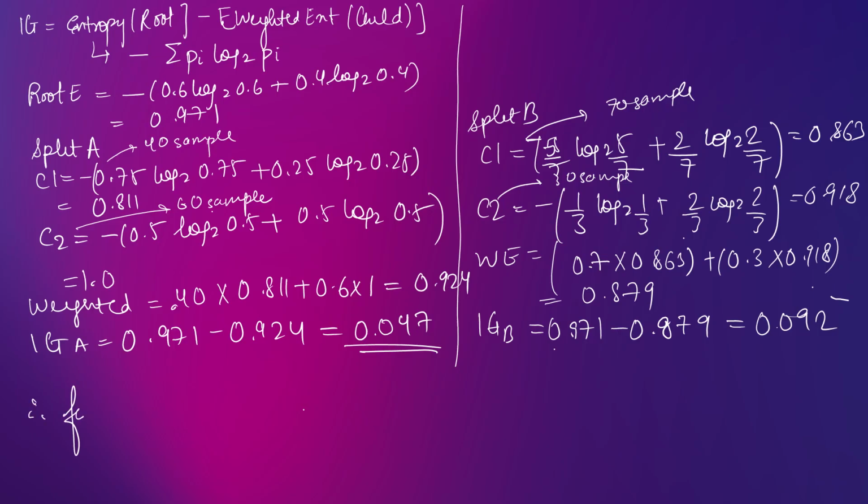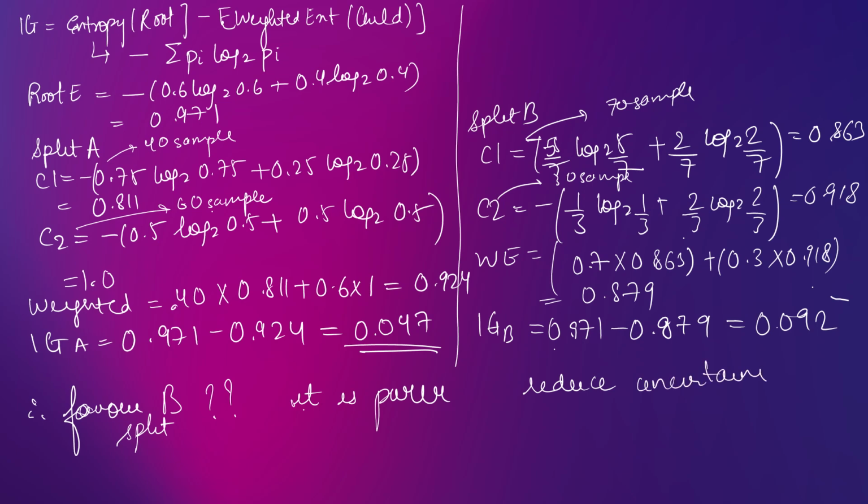Therefore, favor split B. Why? Because it is purer. It will reduce uncertainty more effectively.